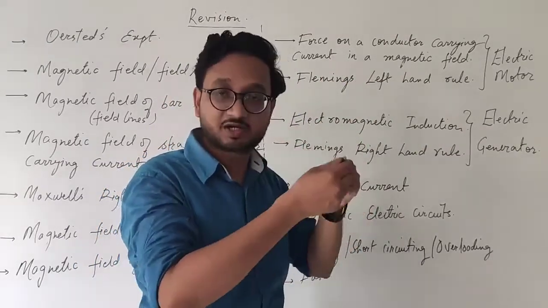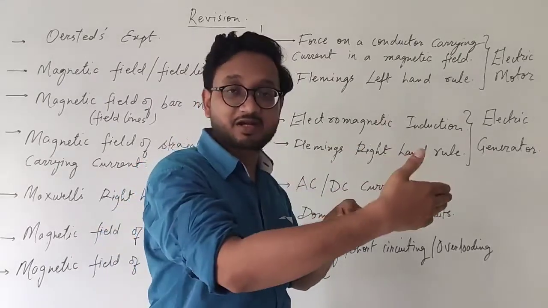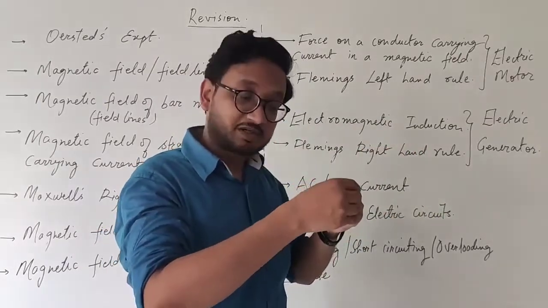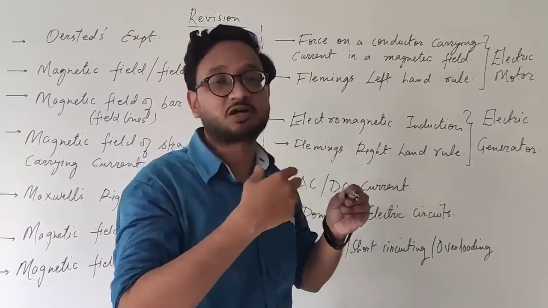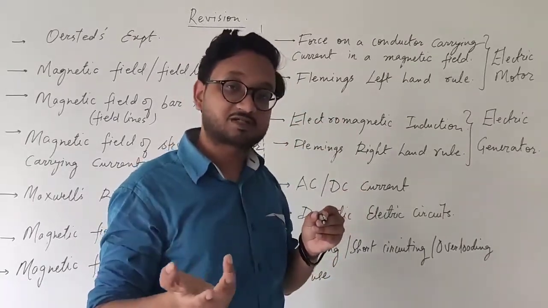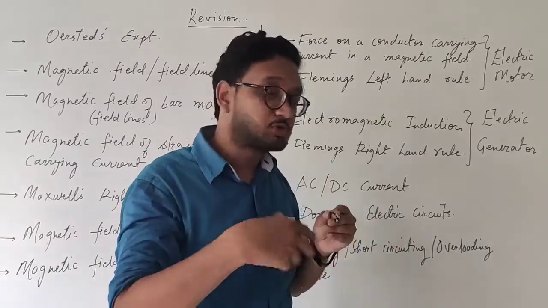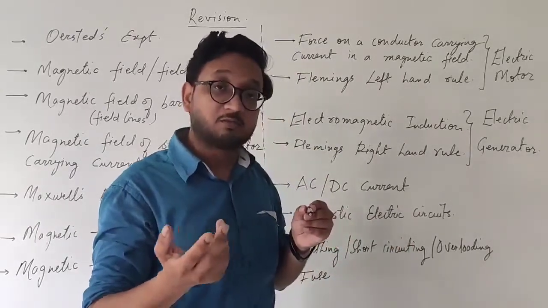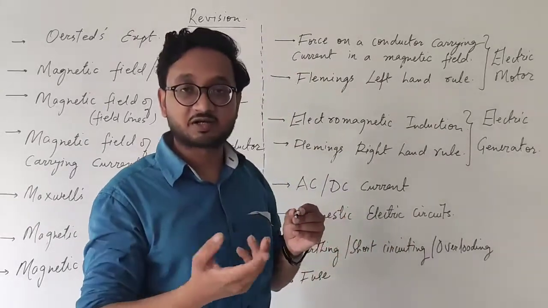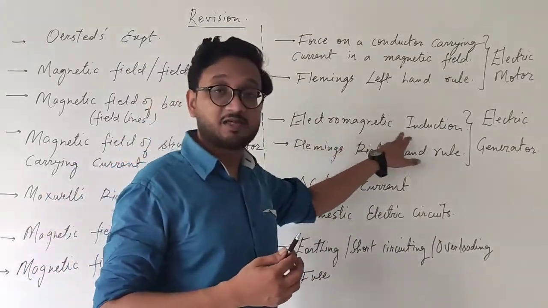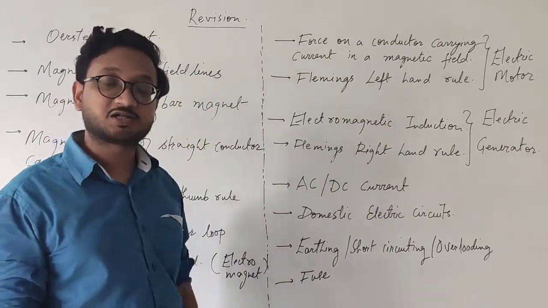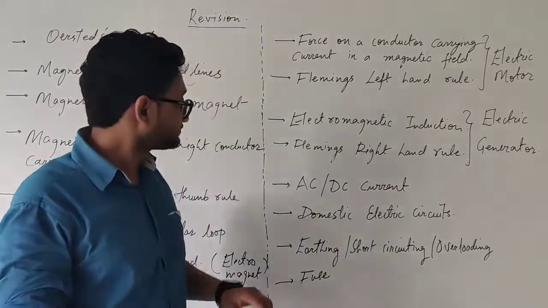Now it is the magnetic field, it is the coil, but now we are applying the motion. So the current is generated. In the previous case, current was given, so motion was generated. Now motion is given, so current is generated. And in this way we can generate electricity, that is electric current. And this phenomenon is called electromagnetic induction, given by Michael Faraday.